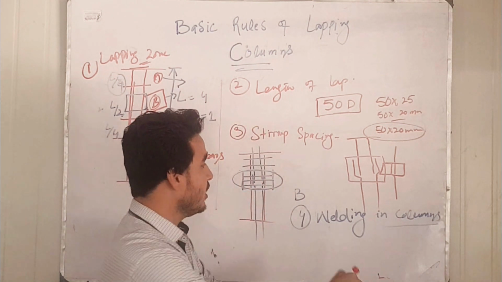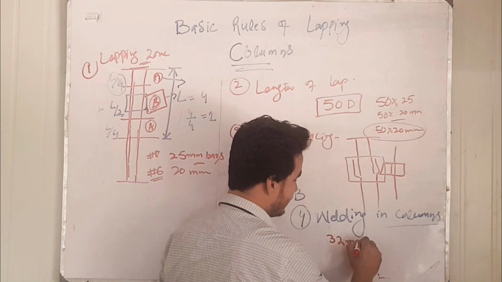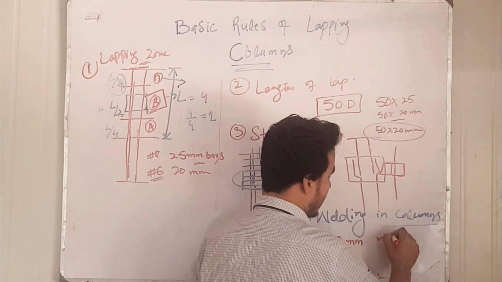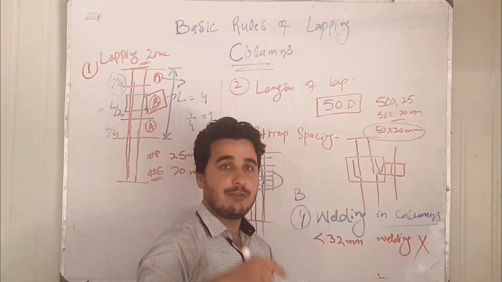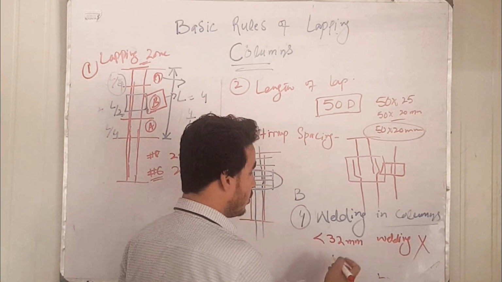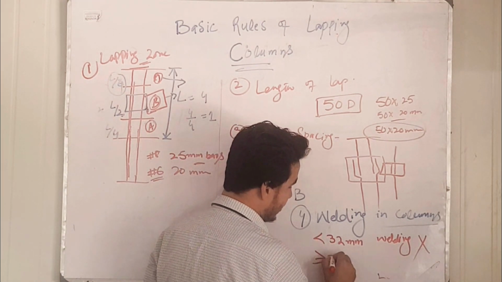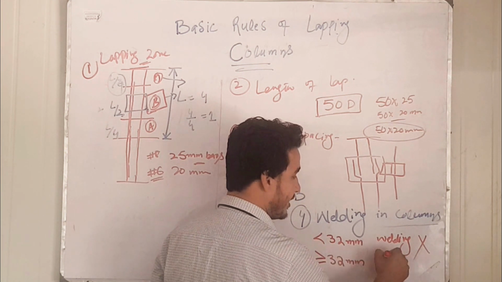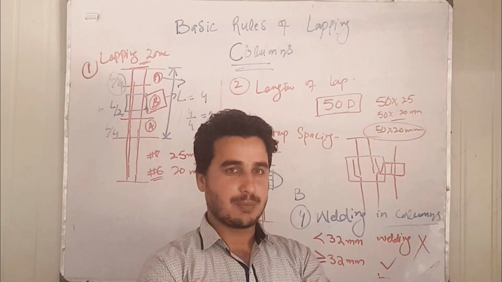If you are using bars less than 32 millimeter, then welding is not allowed. And if you are using bars having diameter equal or greater than 32, then welding is allowed. And there we have two different types of welding.